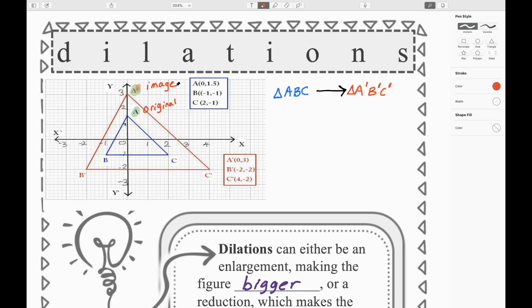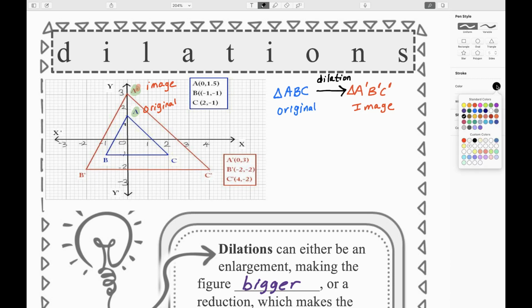Okay, so those little symbols tell us then, without them telling you anything, you could look at a diagram and know which one was the original, the one without the little prime symbols, and which one was the image. So again, we call this the original, and we call this the image. Okay, and so the process to get there was a transformation called a dilation. Okay, in this case, an enlargement. Okay, so that is the basics there.